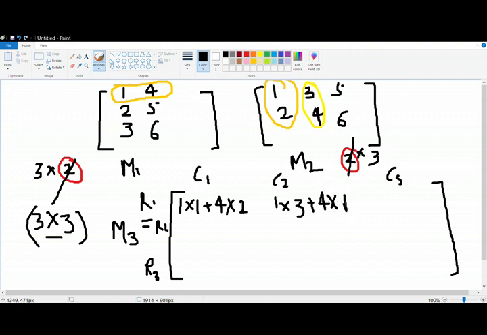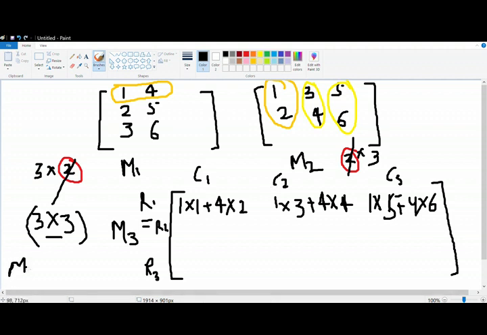Then again we multiply the first row of the first matrix by the third column of the second matrix: 1 into 5 plus 4 into 6. So these are the elements of the third matrix, the multiplication of both matrices.